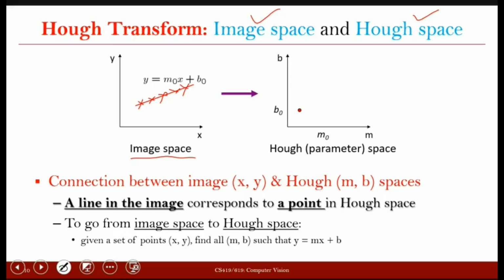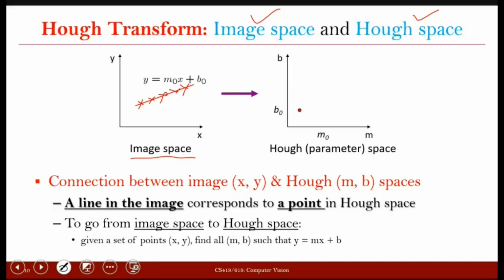Now, to represent this line, one way is to say that we have a line in the image where the coordinates of the pixels are x1 comma y1, x2 comma y2, x3 comma y3, and so on. An alternate way to describe this line is by stating the values of the model parameters, the line parameters which define this line.